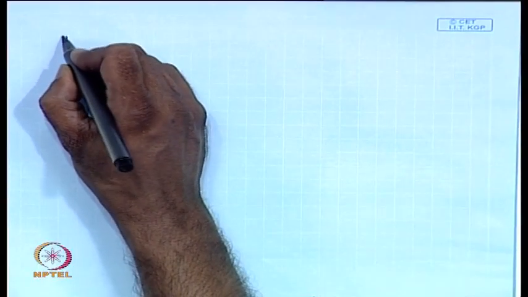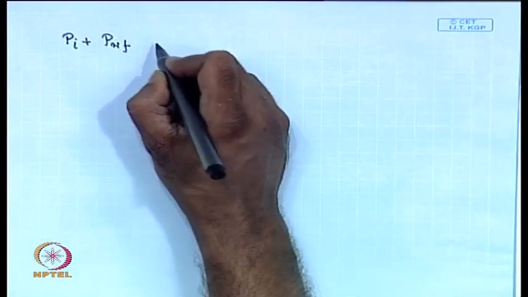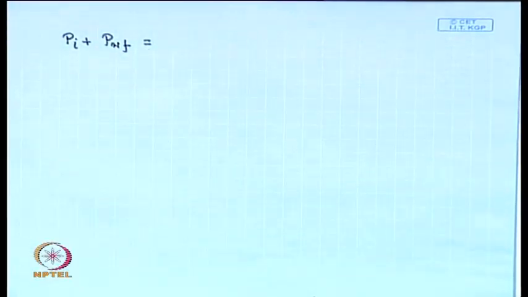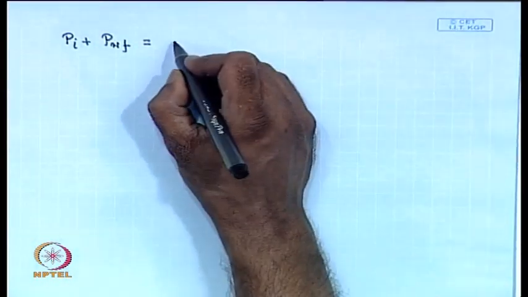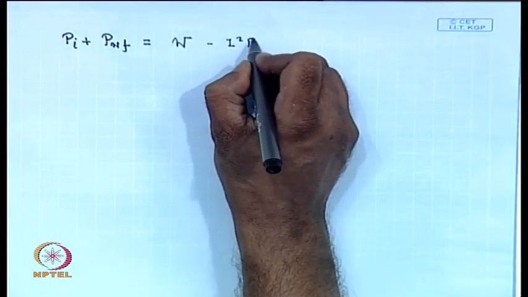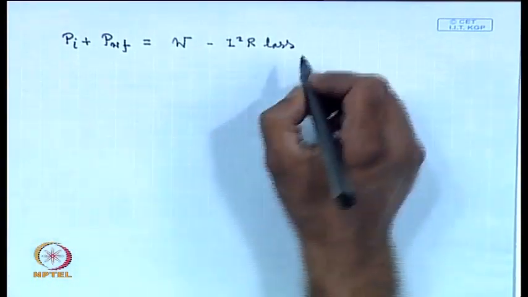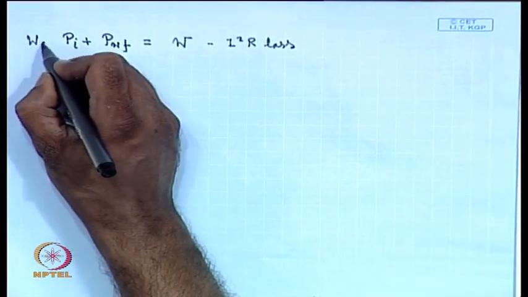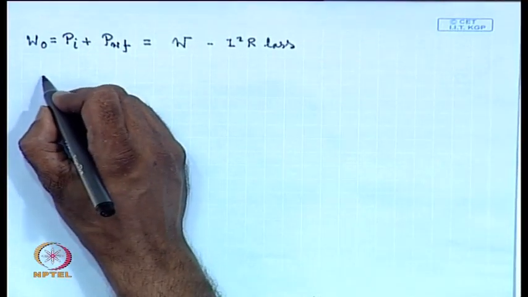So, the no load iron and rotational losses, P I plus P W, friction and windage losses, is equal to total loss W minus I square R loss. So, this is W 0, the no load rotational losses.